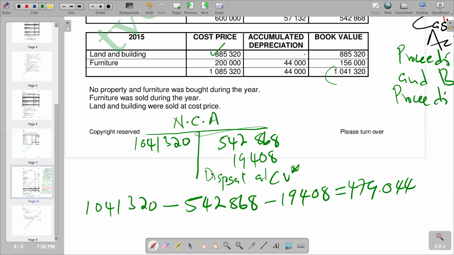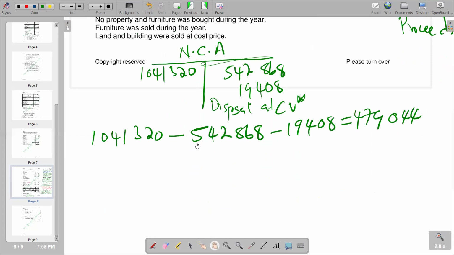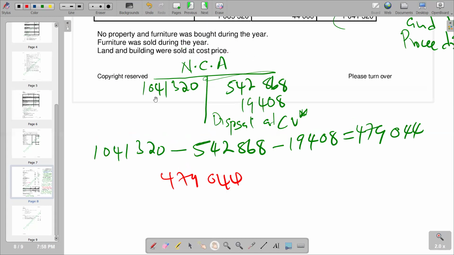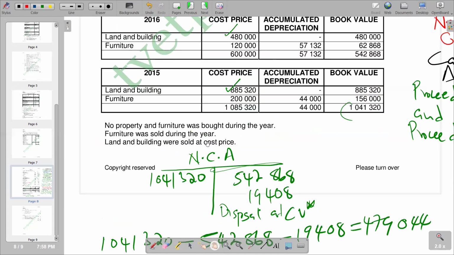So this is our disposal at carrying value of all the non-current assets. So we've got 479,044. But inside this 479,044, remember we've also got a disposal of land and buildings, but they were at cost price. So we remove the disposal of land and buildings, so that we remain with the disposal of furniture.